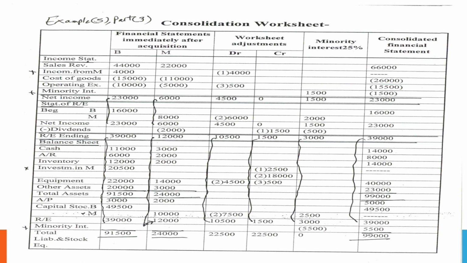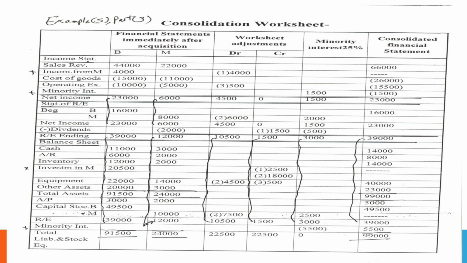And equipment: you have the equipment for the company, this one here, 14, and we have debit and debit and debit, deduct this, and it gives you 40,000. And other assets will be 23,000. Consolidated assets, 99,000, equal consolidated liabilities and shareholders' equity, 29,000, 5,000.